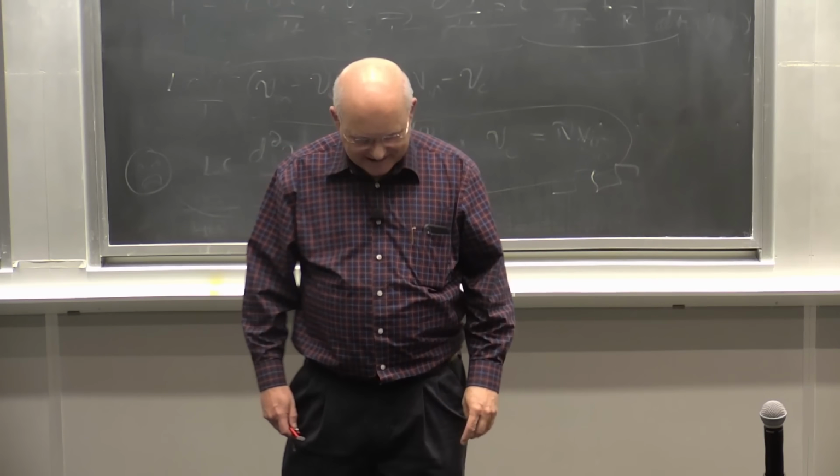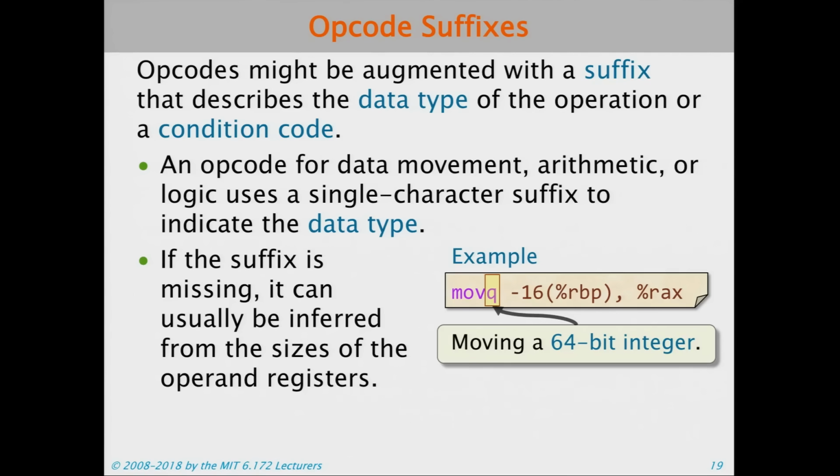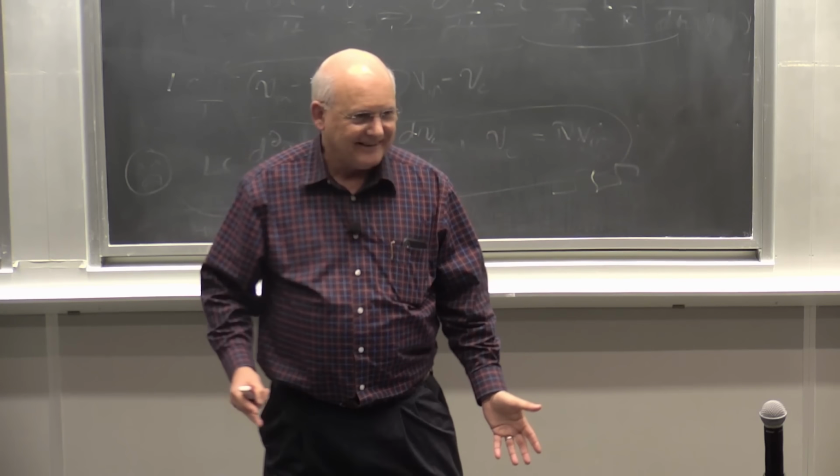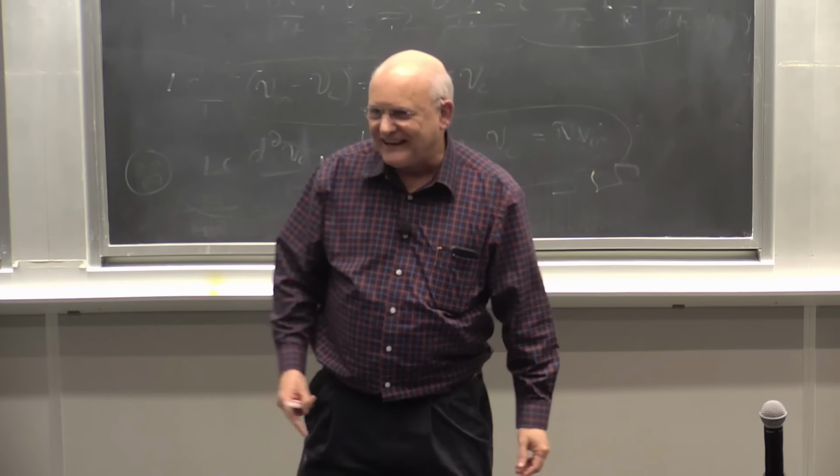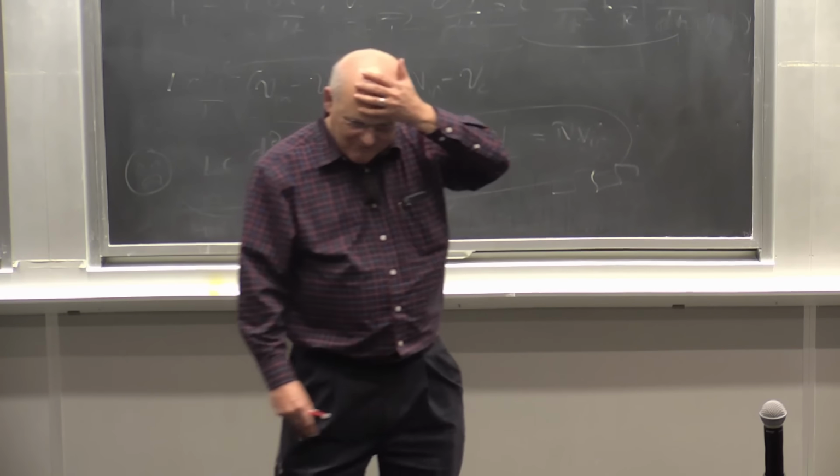So in this case, we're moving a 64-bit integer because a quad word has 8 bytes or 64 bits, okay? Whenever I prepare this lecture, I just go into spasms of laughter, as I look and I say, oh my God, they really did that.